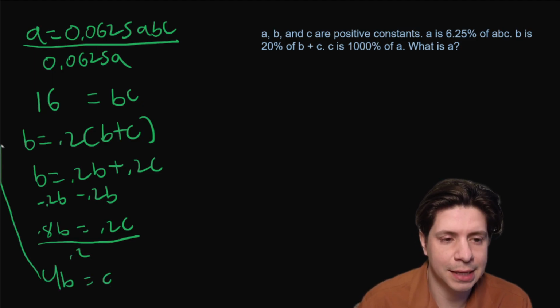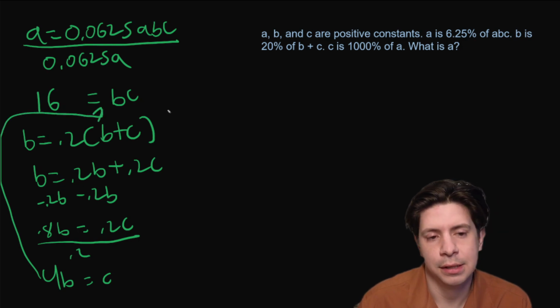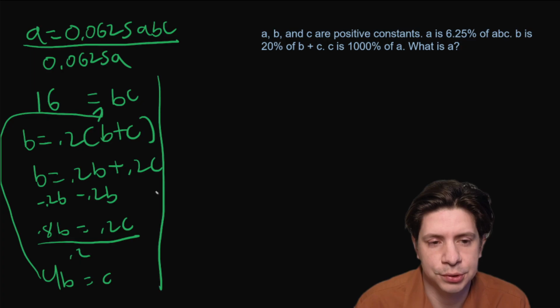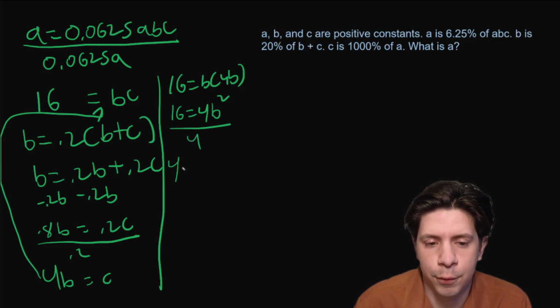And we can plug that in to C here. So we're going to get, let's draw a line, 16 equals B times 4B. So we get 16 equals 4B squared, divide by 4. 4 equals B squared, square root.